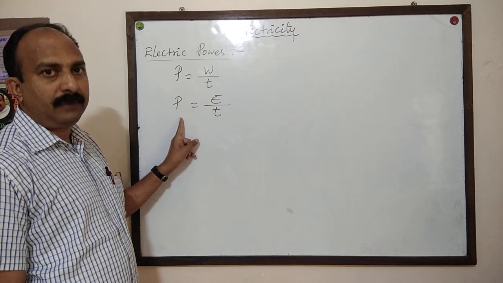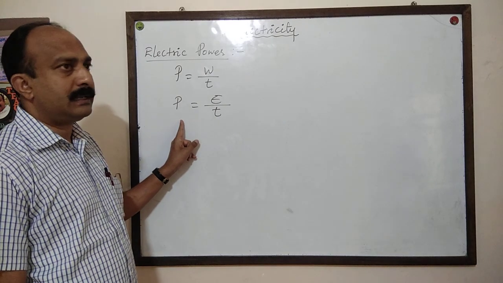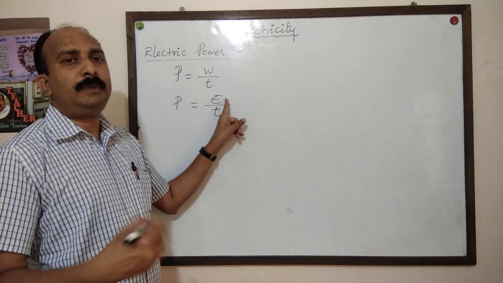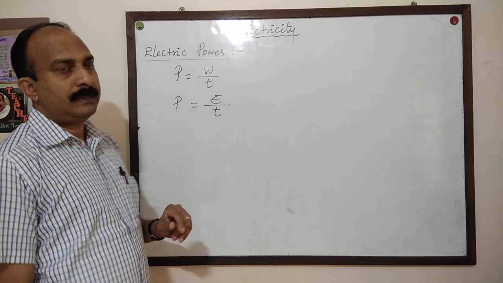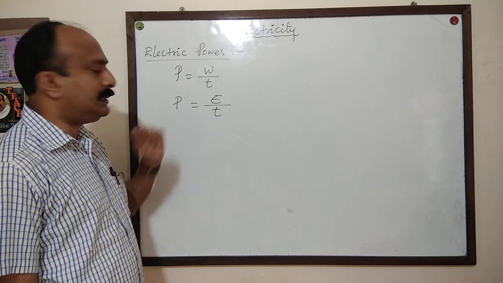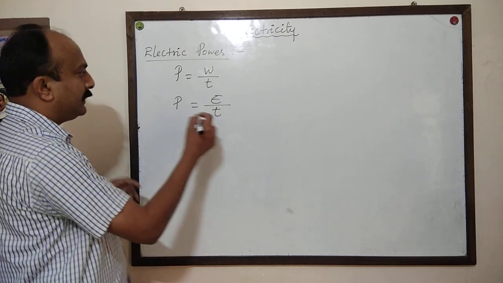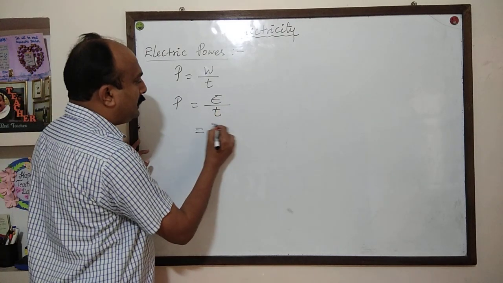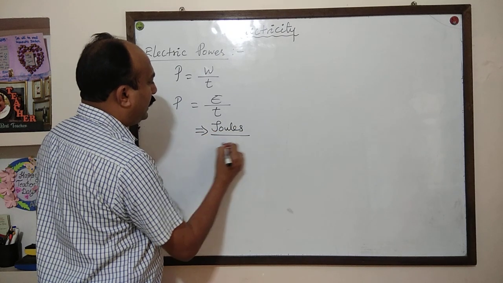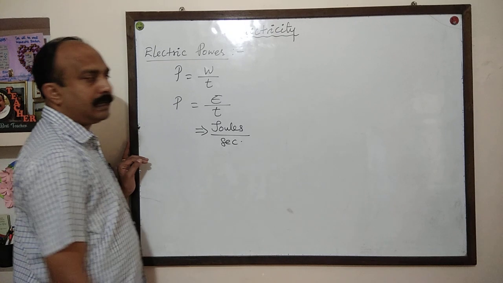Electric power of a device is defined as the rate at which that device is consuming electrical energy. So, E stands for energy consumed, T stands for time taken. We know that energy is measured in joules and time is measured in second.